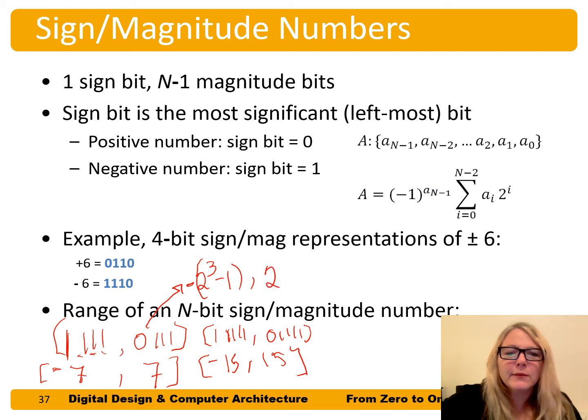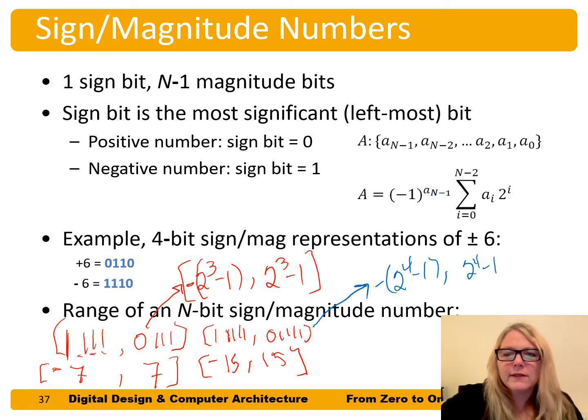And the most positive number is 2 to the 3 minus 1. Okay, that was for our 4-bit signed magnitude. What about for 5-bit? For 5-bit, the range was negative 2 to the 4 minus 1, to 2 to the 4 minus 1.